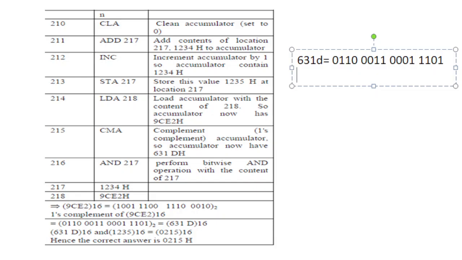Next, we have to AND it with 0215. Sorry, 0215, not 1235; this is the hexadecimal value in the accumulator. 0 is 0000, 2 is 0010, 1 is 0001, and 5 is 0101.